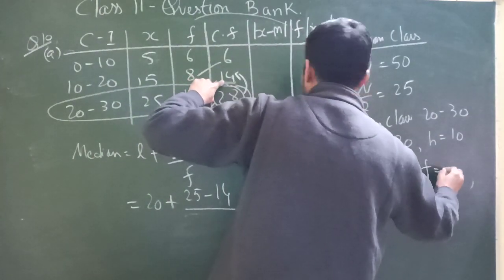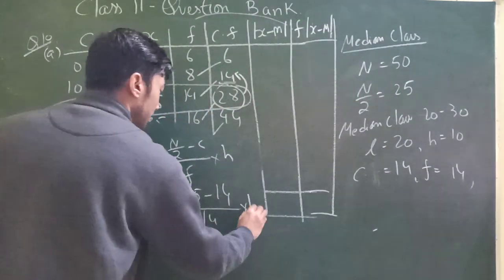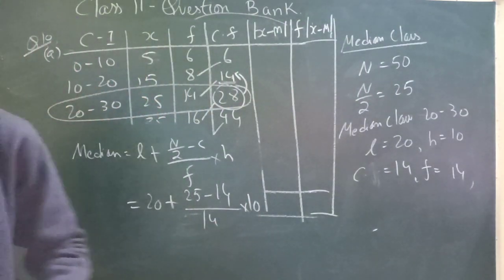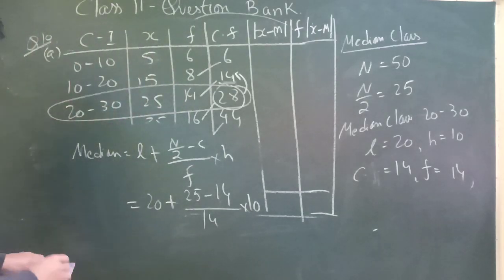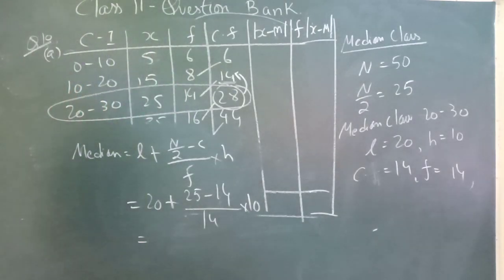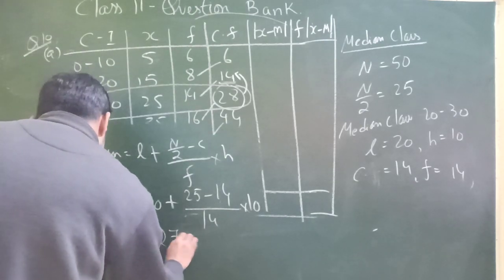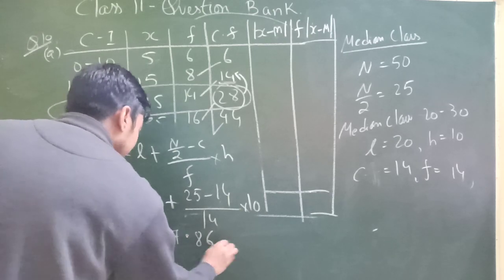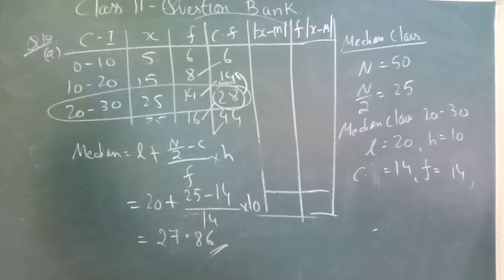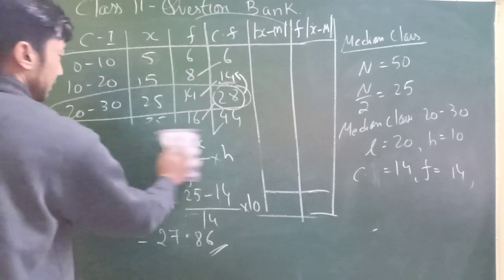F represents the frequency of the median class, that is also 14, into class width 10. Got it? If you calculate with the help of that, you will get the value of the median as 27.86. I've already calculated that for you so we can save some time.